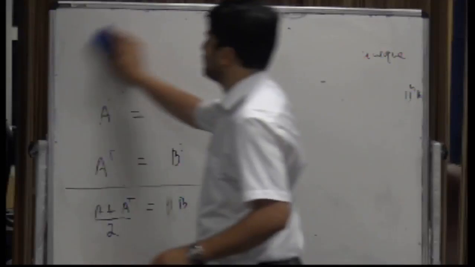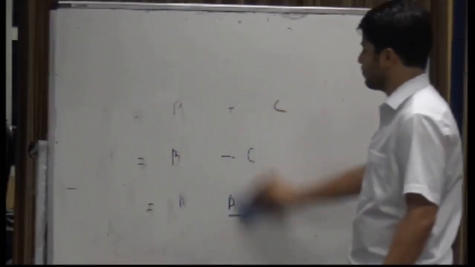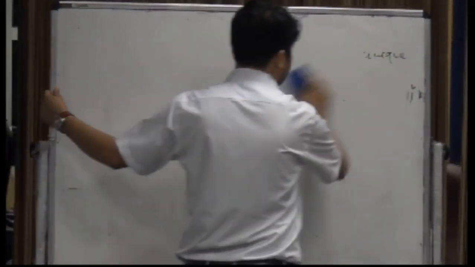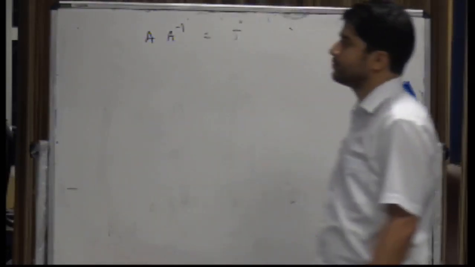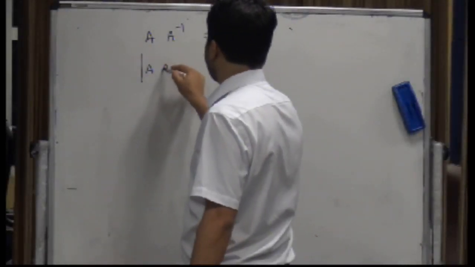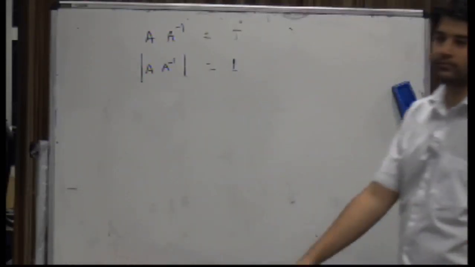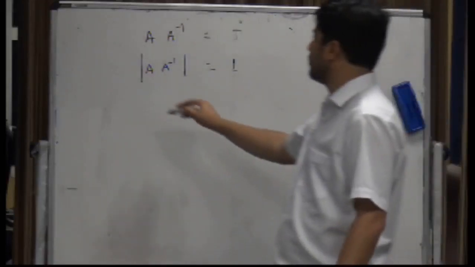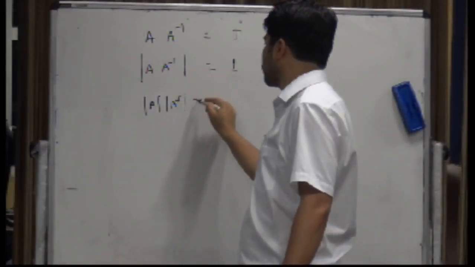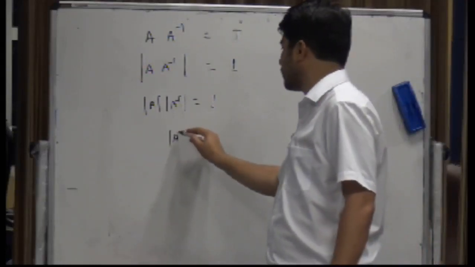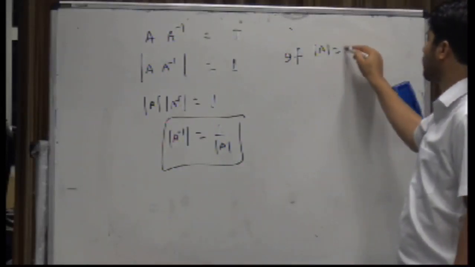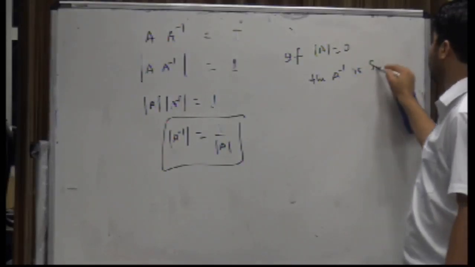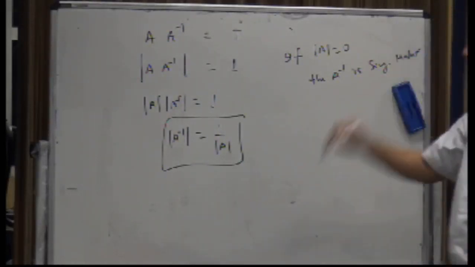A few properties of inverses. A into A inverse is equal to I, or you can say A inverse into A is I. Now mod of A inverse is equal to 1 over mod of A, which I can say mod of A into mod of A inverse is 1.